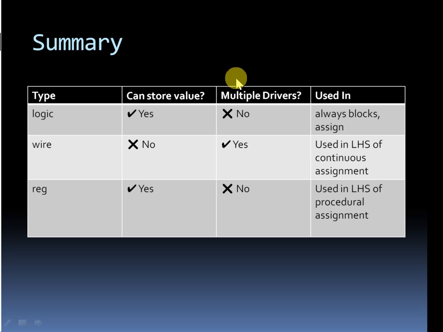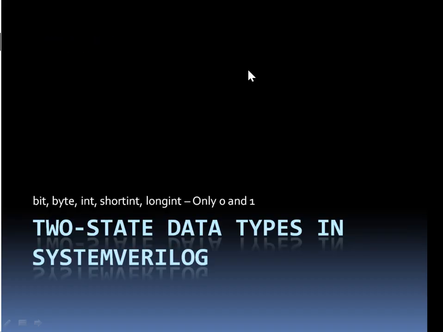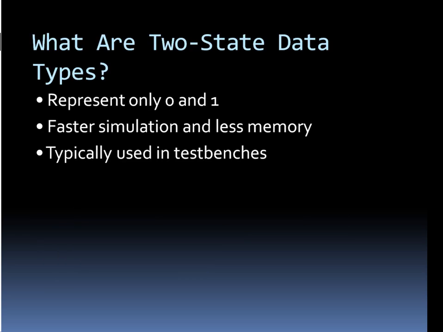Now let's move to the 2-state data types in SystemVerilog. Here we have bit, byte, int, shortint and longint, and these data types can take the value 0 and 1. Bit is unsigned, and byte, int, shortint and longint are signed data types. You already know the difference between signed and unsigned data types. So, what is happening in 2-state data types?